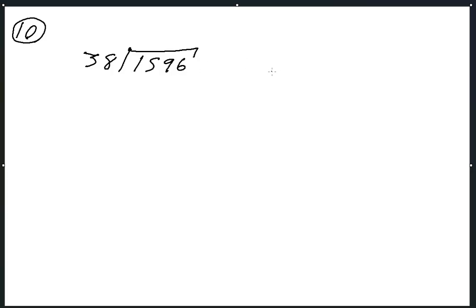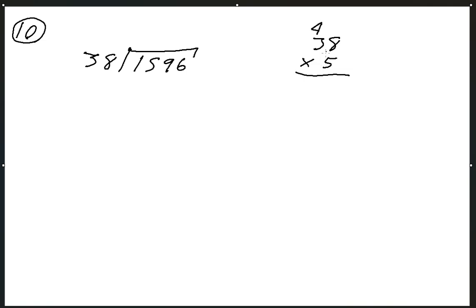This is where knowing how to multiply is very, very important, because you have to try out different numbers. So I usually start with the number 5. If I multiply 38 times a number, that's going to get me closer to 159. So for example, let's try to multiply 38 times 5. If we do our math real quick, okay, 8 times 5 is 40.